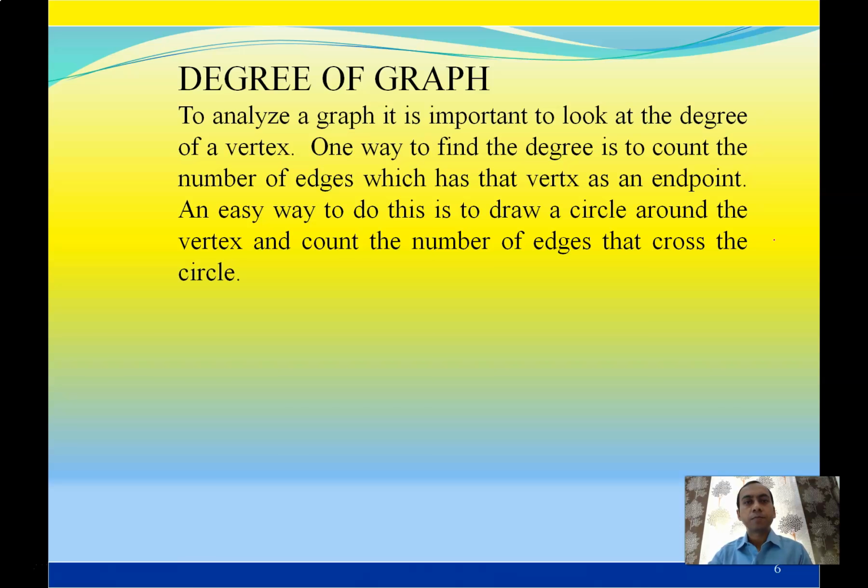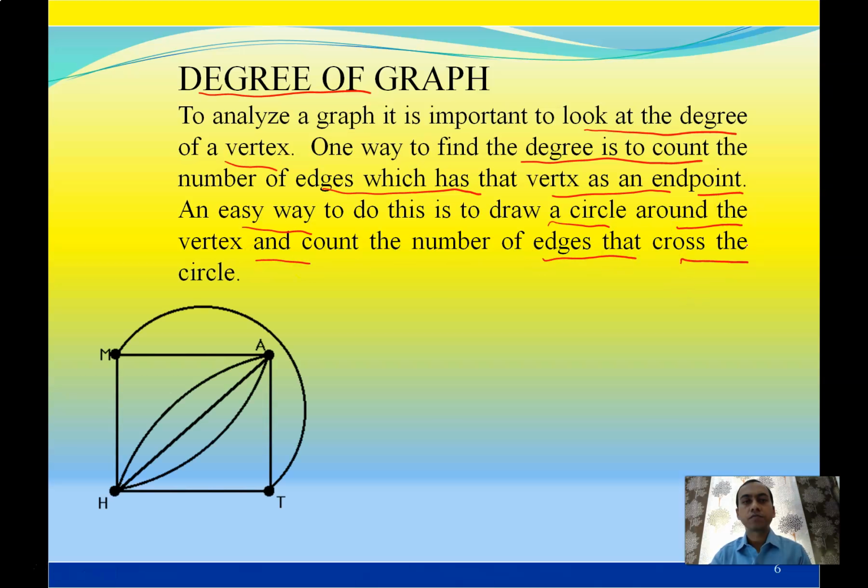Degree of a vertex: to analyze a graph, it is important to know the degree of a vertex. One way to find the degree is to count the number of edges which have that vertex as an endpoint, or draw a circle around the vertex and count the number of edges that cross the circle.